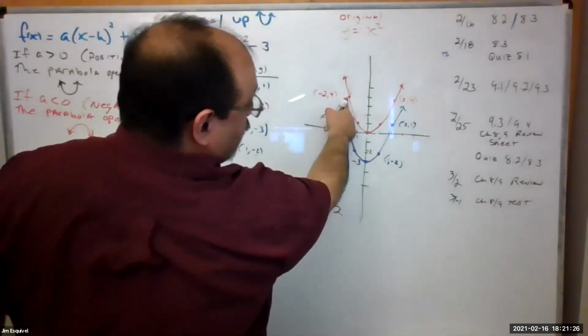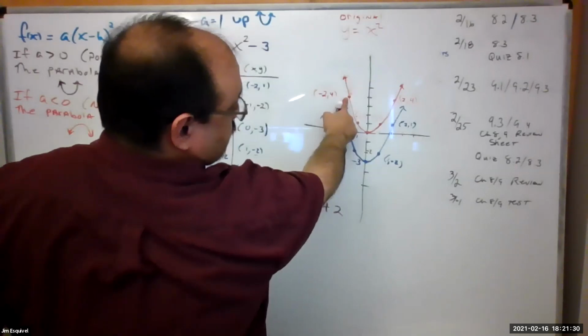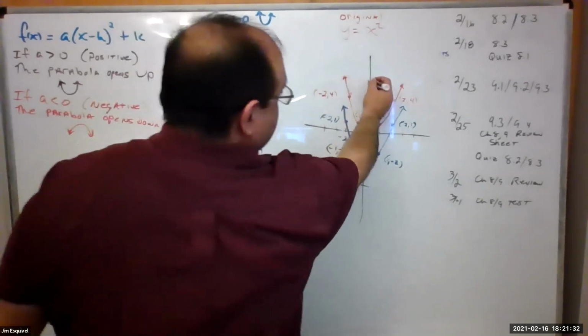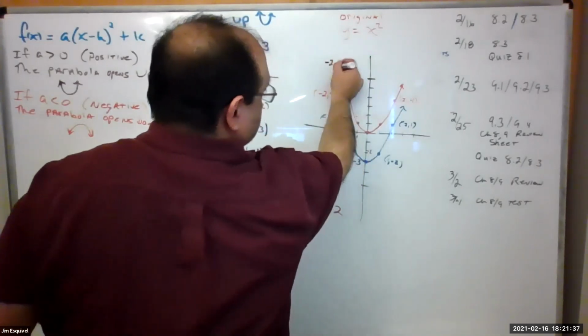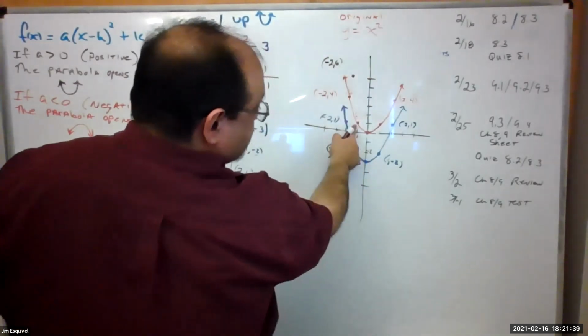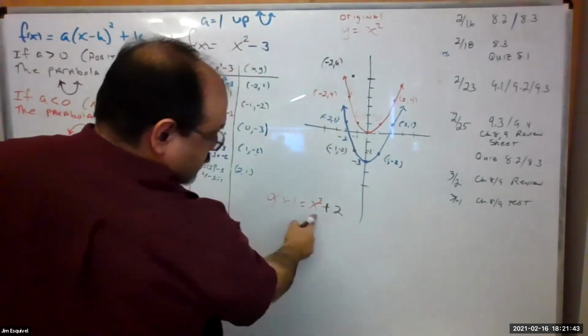So instead of a 4, what would the y value be? It would be a 6. It would be up here to 6. Instead of a 1, what would this y value be?